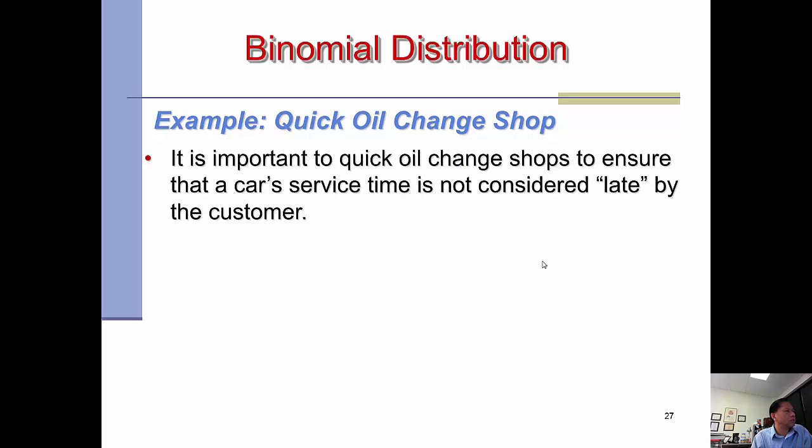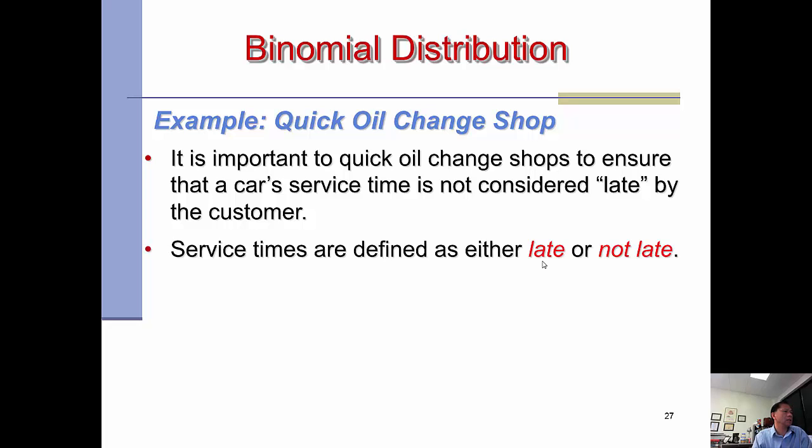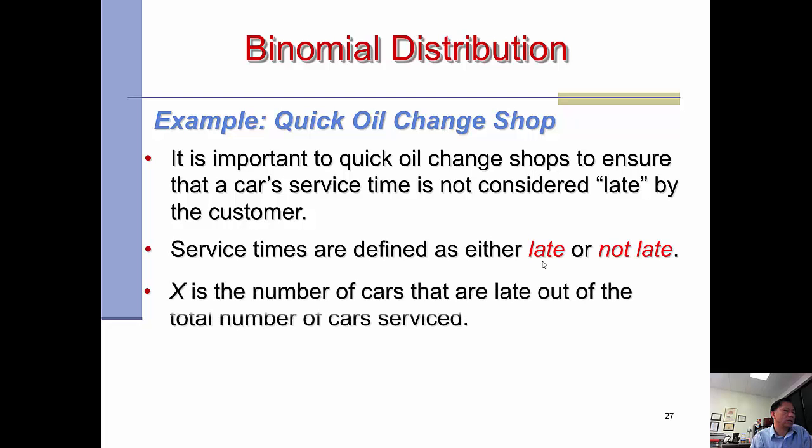Let's take the example of an oil change shop. It's important to a quick oil change shop to ensure the car's service time is not considered late by customers. For example, how much time do you need to change oil? If it takes more than 30 minutes, some people may feel that it's late or delayed.